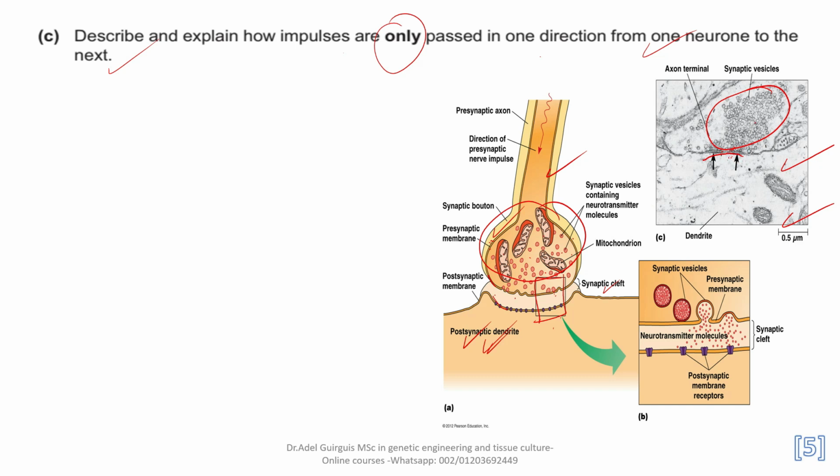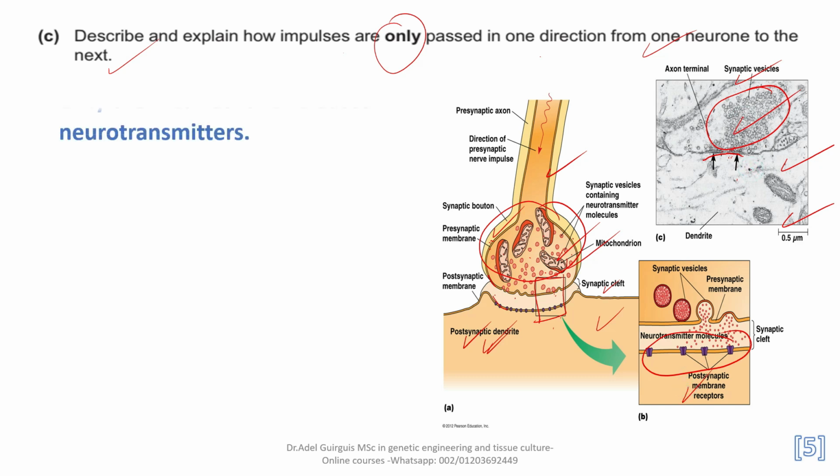All synaptic vesicles lie in the presynaptic neuron, and all receptors are found on the postsynaptic membrane. This ensures one direction of flow of nerve impulses from presynaptic neuron to postsynaptic neuron. Why? Because all vesicles lie on one side and all receptors on the other.